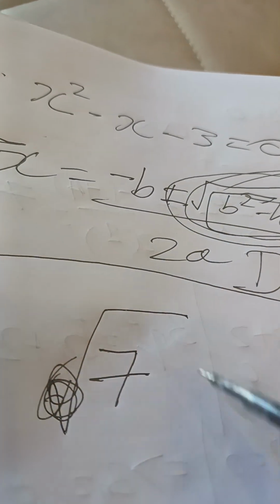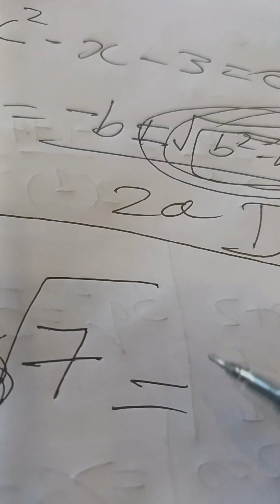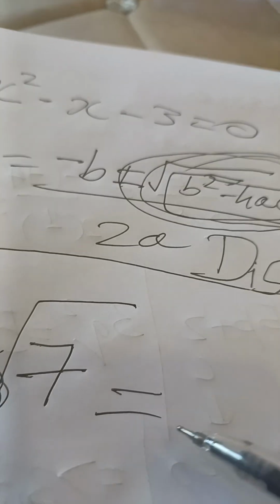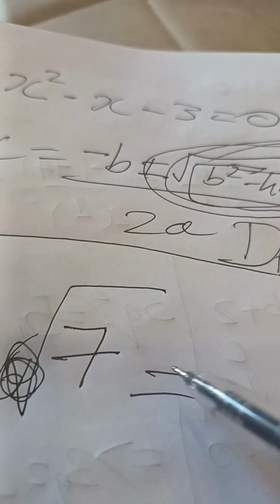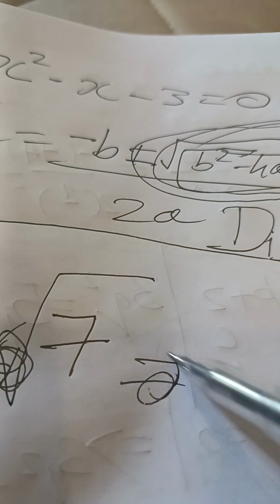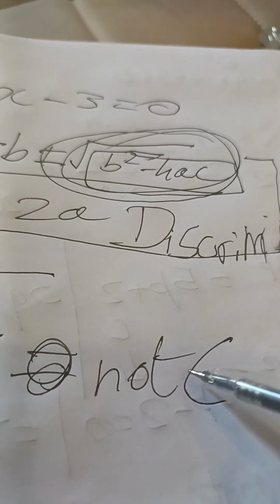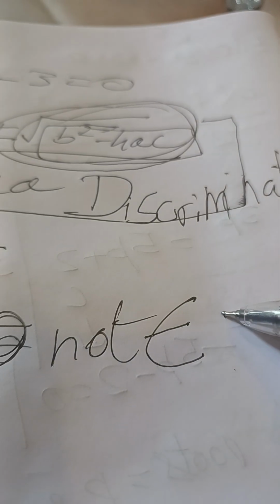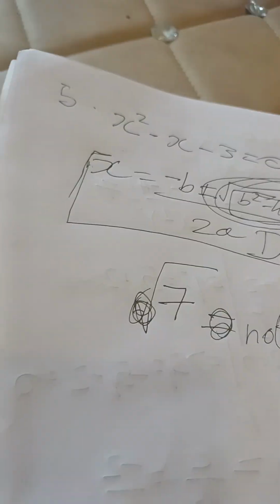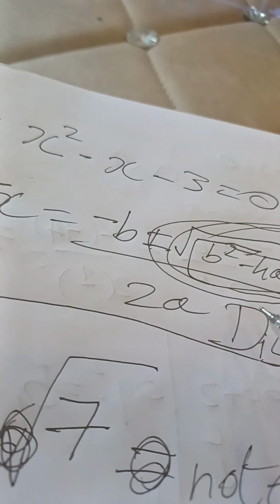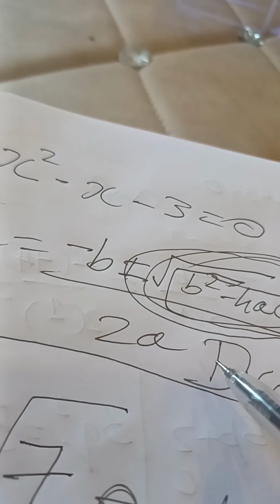The root of 7 is not an integer, so it's not rational.